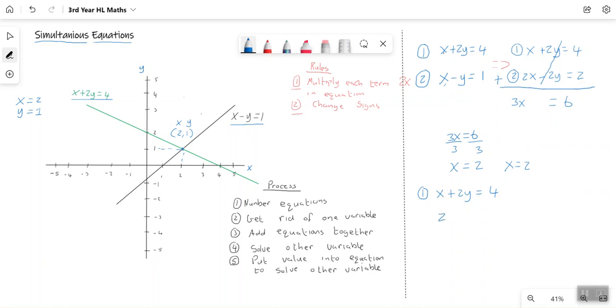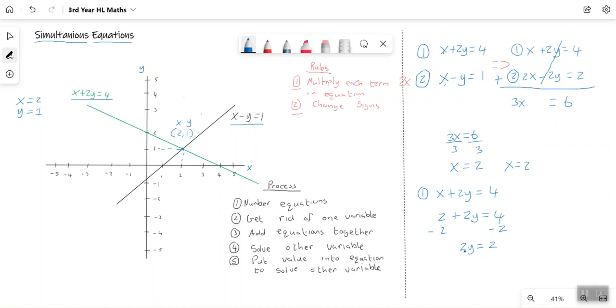So it becomes 2 plus 2y is equal to 4. So now what we want to do is we want to get rid of this 2 on this side. So we have to minus 2 from here, and then we have to minus 2 from here. So 2 minus 2, that will cancel out, and we'll just be left with 2y is equal to 4 minus 2, which is equal to 2, like so.